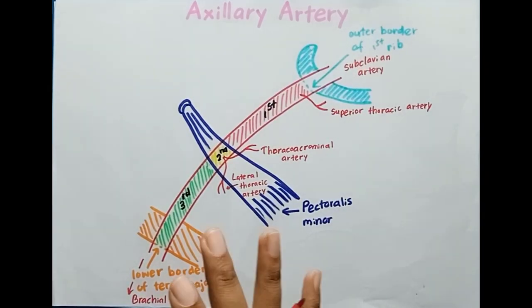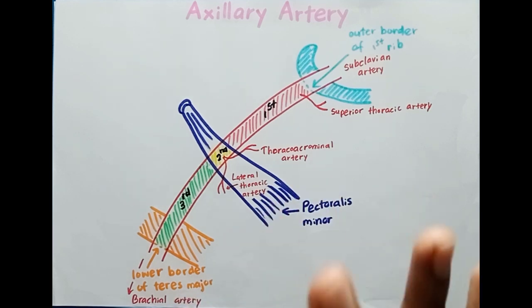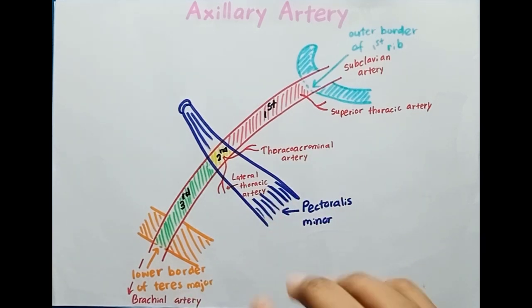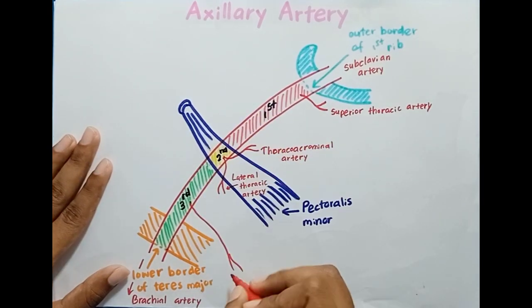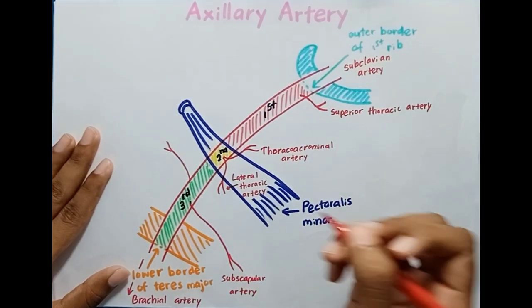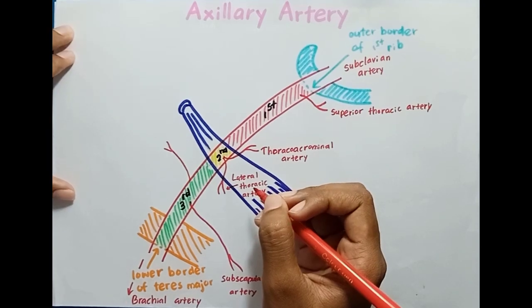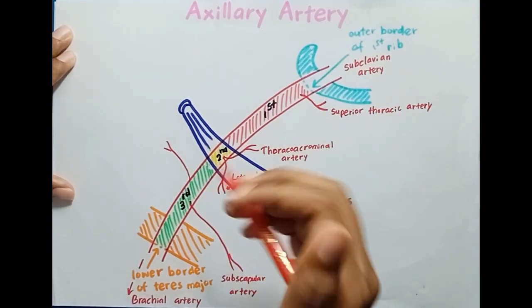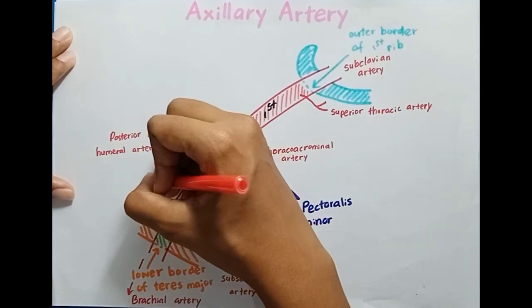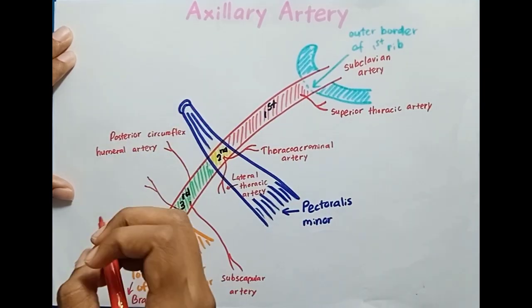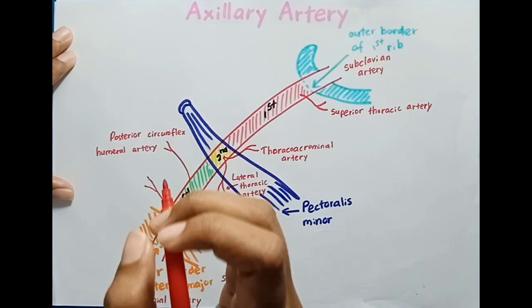From the third part, it forms three branches. The first one is the subscapular artery. Posteriorly, the posterior circumflex humeral artery, and anteriorly, the anterior circumflex humeral artery.